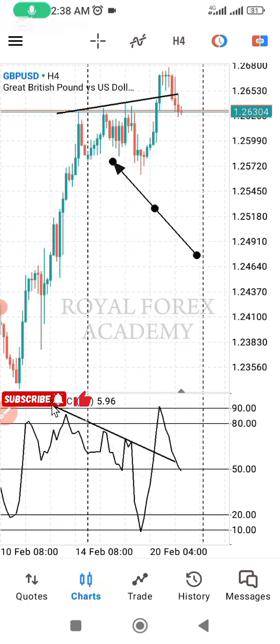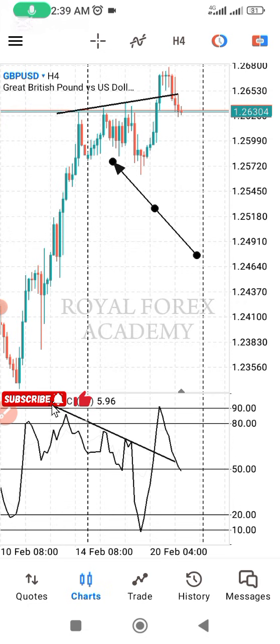But personally, I love to make my entry on a 1 hour. When I'm making the entry on a 1 hour, I am using a candlestick pattern, which is a bullish engulfing, bearish engulfing, or a bullish hammer, bearish hammer, or a pin bar. And if I am making an entry on a lower time frame, like 15 minutes, I look for a break of structure, a break of trend line, or a chart pattern.